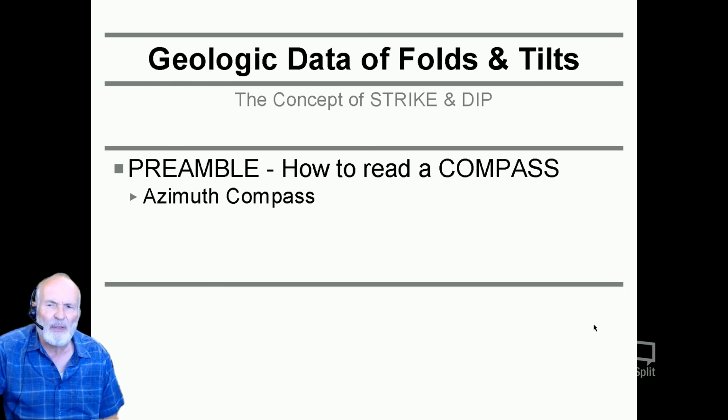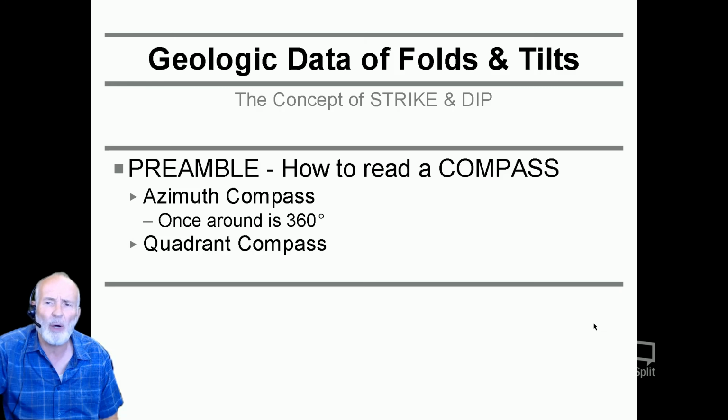The first one is called an Azimuth compass. An Azimuth compass has a 360-degree reading. Once around is 360 degrees, usually goes clockwise from the 12 o'clock all the way around back to 12 o'clock, 360 degrees.